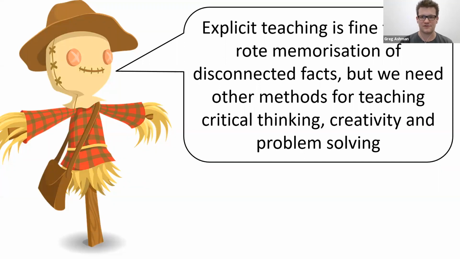It's a type of logical fallacy where you create a position that isn't real and then you attack that position. So we've got this straw man saying explicit teaching is fine for rote memorization of disconnected facts, but we need other methods for teaching critical thinking, creativity and problem solving. Now, maybe you haven't heard that, but I've got a couple of quotes from actual people and papers that I think do illustrate this attitude. So I don't think it is actually that much of a straw man.